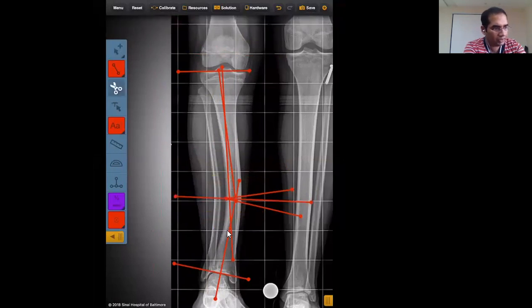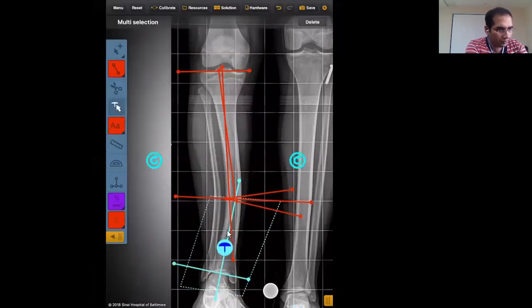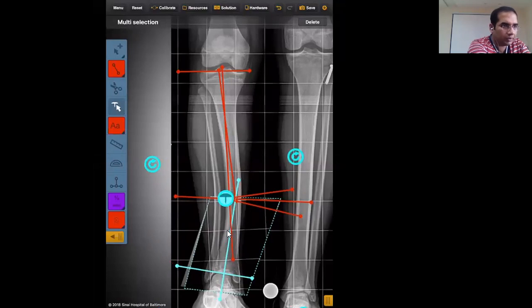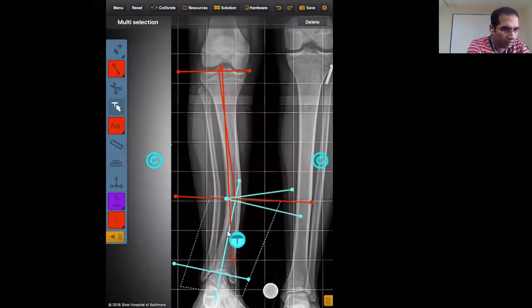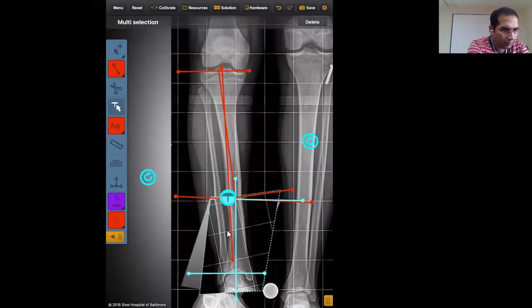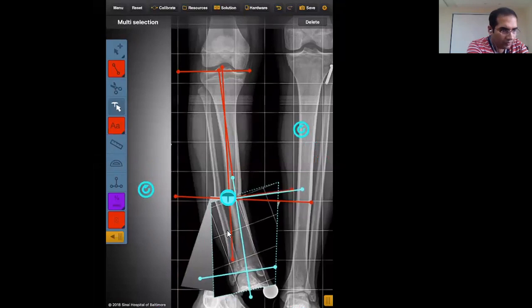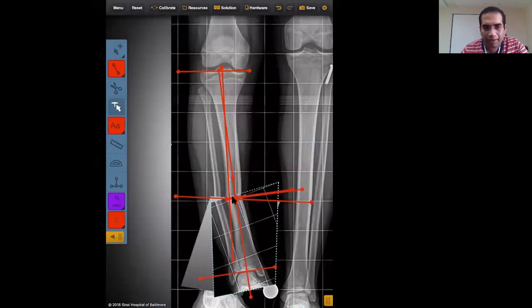I would do an osteotomy centered over here, placing my hinge here. Let me join. So when I remove 1 centimeter of my bone, this will simply realign the axis. This is the right way to determine the length of the deformity.